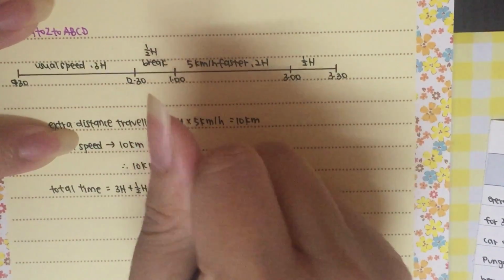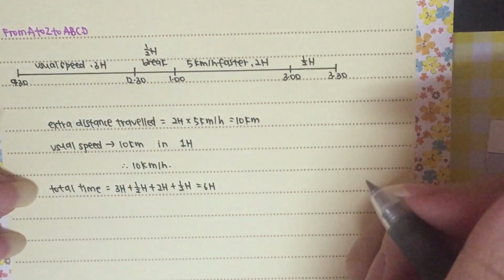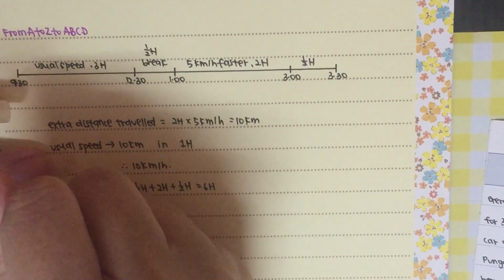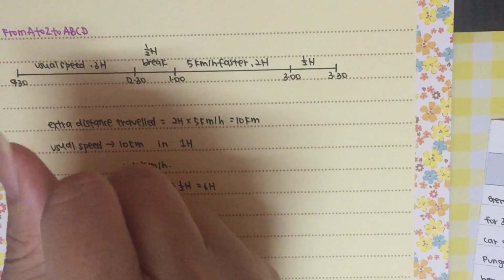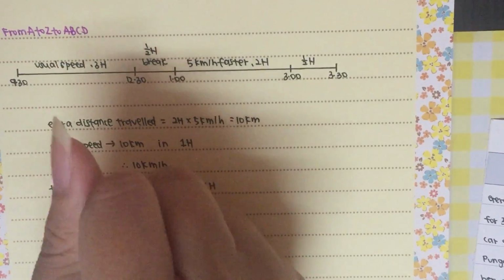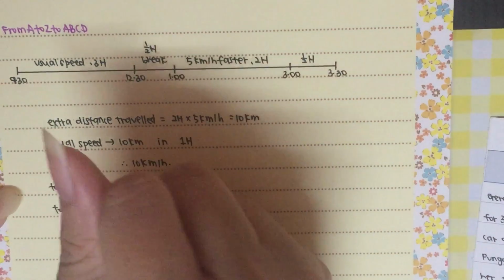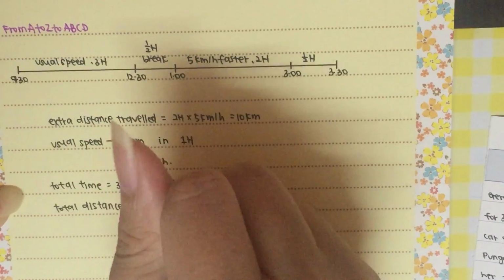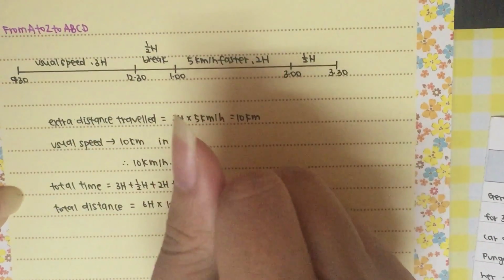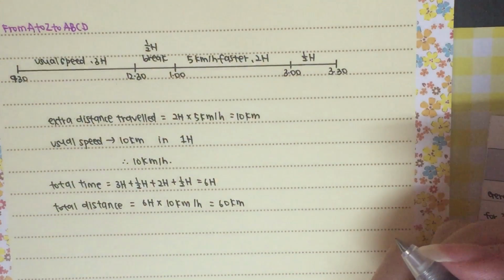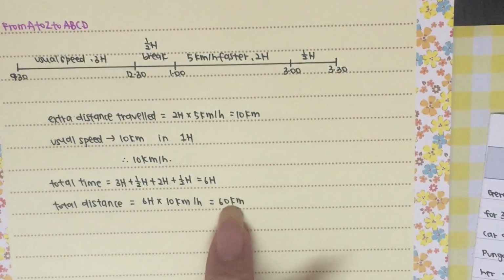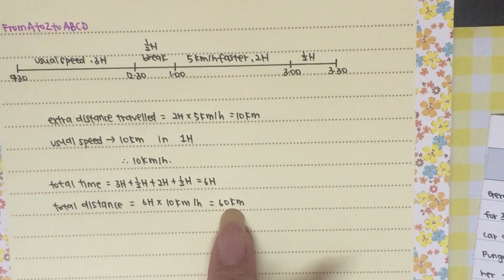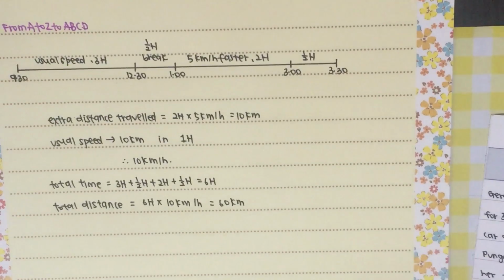This will give us 6 hours. Then the total distance will be equal to the total time, which is 6 hours, times the speed, which is 10 km per hour. And this will give us 60 km. So, ta-da, this will be the answer. The total distance traveled by Geraldine will be 60 km.